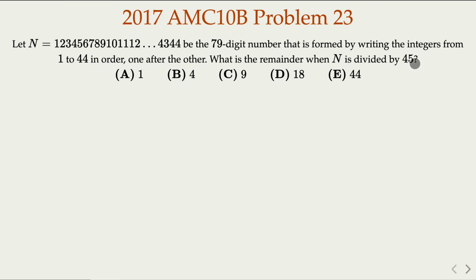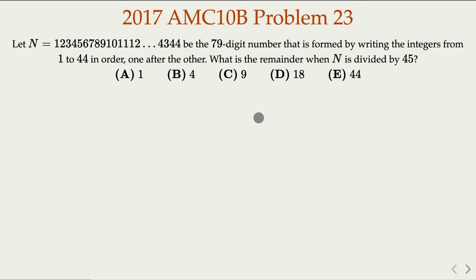Now, in order to answer this question, the common trick is to first factor 45, which is 5 and 9. They are relatively prime. You consider individual remainders. That's easy to calculate. So what is the remainder when divided by 5 and divided by 9? This is how you're going to solve this problem.